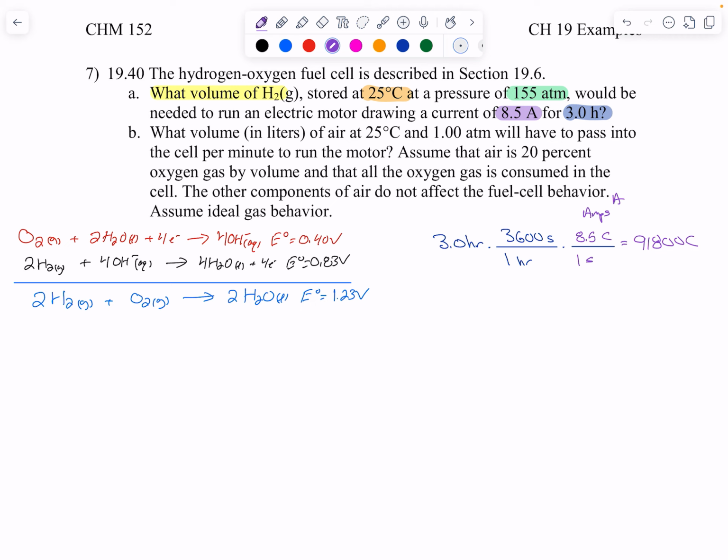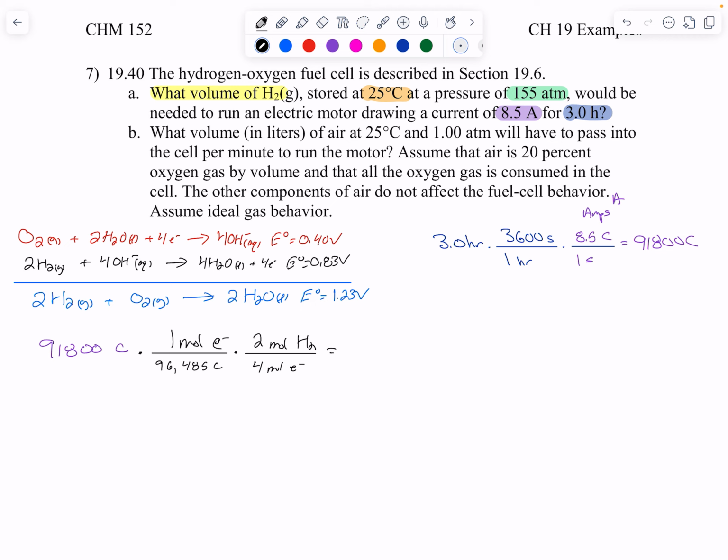Now we want the amount of hydrogen. We know 96,485 coulombs is 1 mole of electrons, and there are 4 moles of electrons in this reaction for 2 moles of H2.